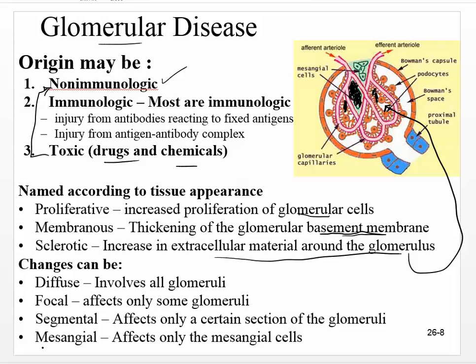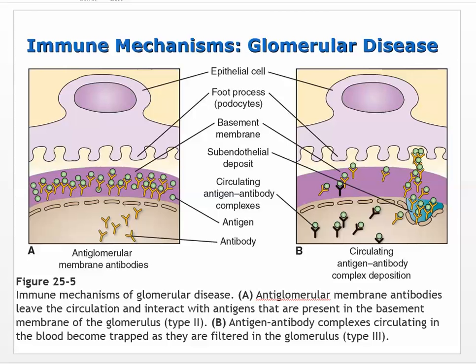Focal and segmental, and then mesangial affects only the mesangial cells, which I covered up here with black, but these are the mesangial cells, these guys right here. So it could affect any part. We've just talked about the glomerulus as a capillary ball, but it has an inside, an outside, space around it, and cells between it, and all of those things can be affected, so they have to account for all of them when they see them.